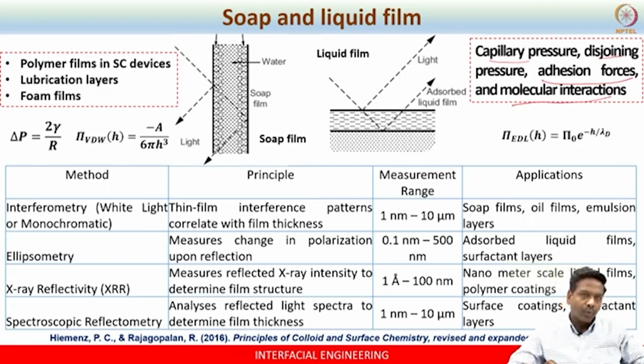So for that, what we need to do first is we need to understand the film thickness, okay. Once you know that, you can plug in these values in this respective equation, and you can calculate the capillary pressure or disjoining pressure, van der Waals forces of attraction or electrical double layer interaction by knowing the film thickness, okay.